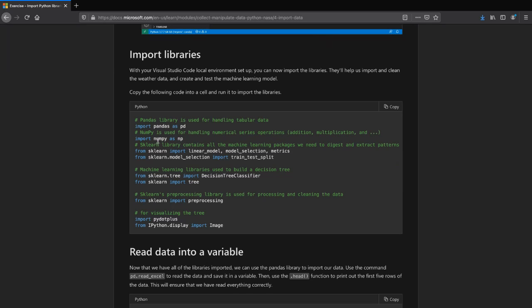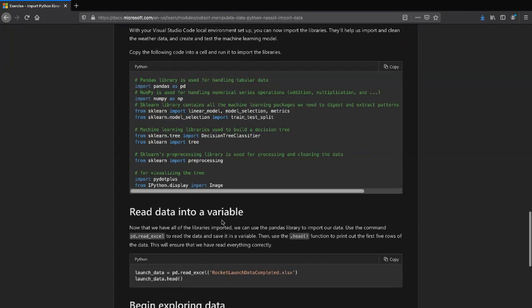The NumPy functionality will be available through an alias called NP. In the next modules, you're going to be doing some machine learning using scikit-learn. So we're going to pull in their linear model packages. You're going to be doing some classification. So you're going to pull in a decision tree classifier. And then there's some other tools for formatting results.